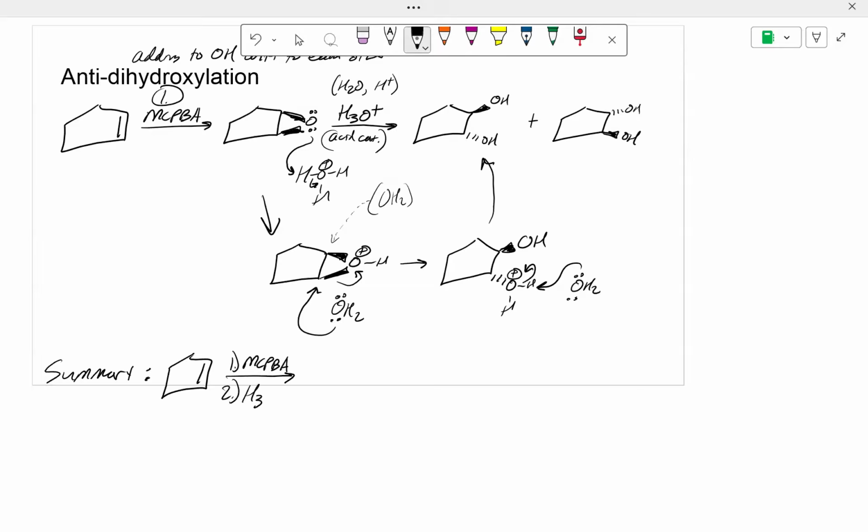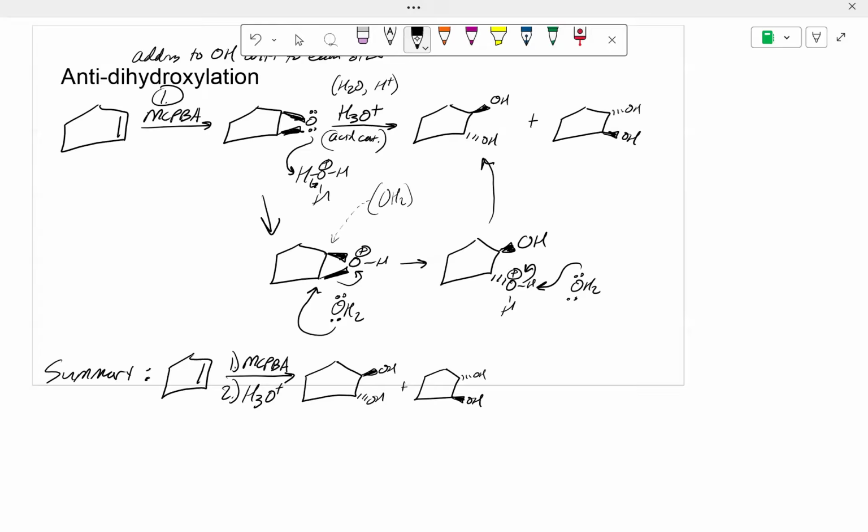In the second step, we add acid, and that results in an anti-dihydroxylation. Again, notice how similar this is to some of the other reactions that involve these three-membered ring intermediates. The nucleophile is always going to come from the opposite direction.